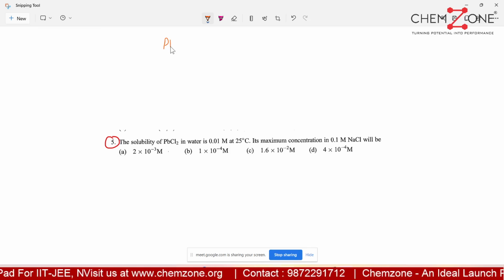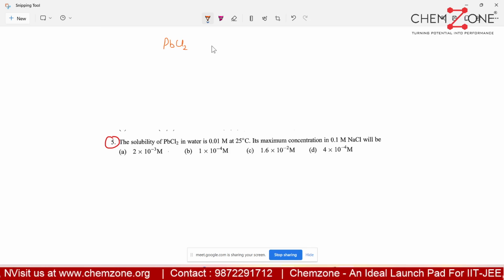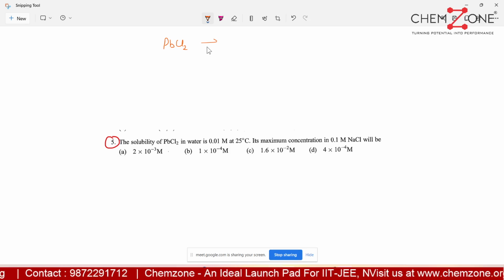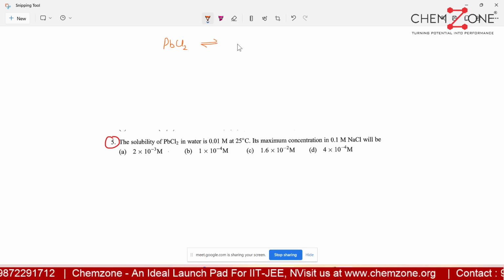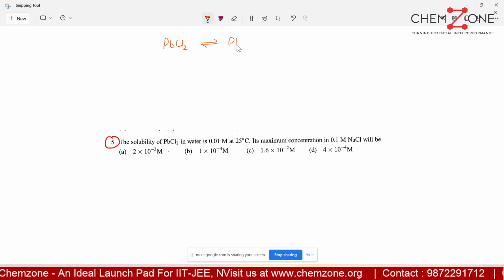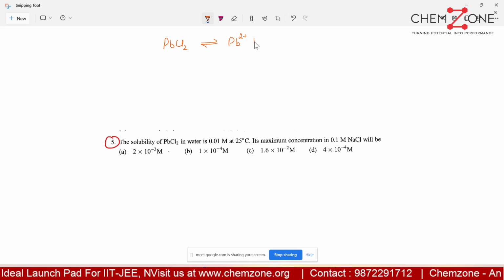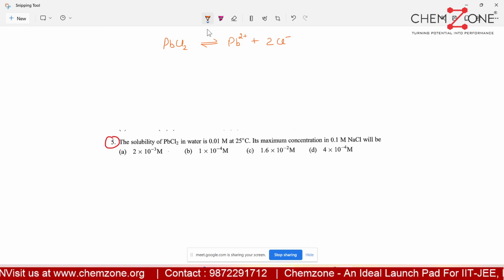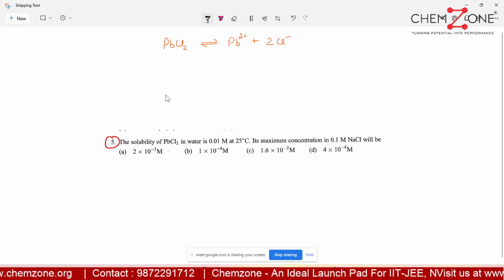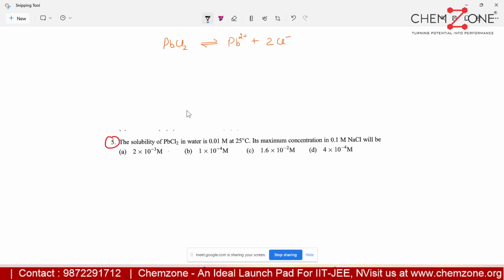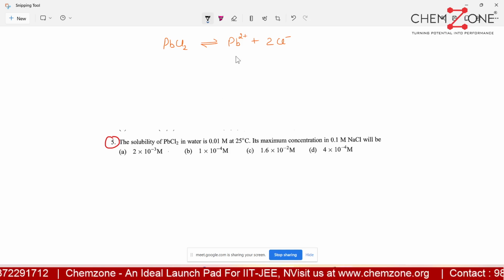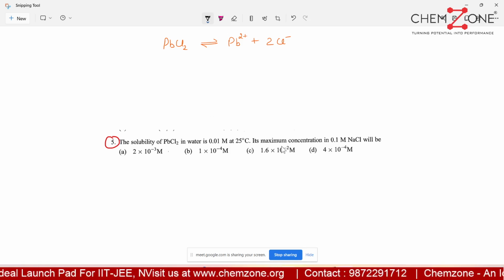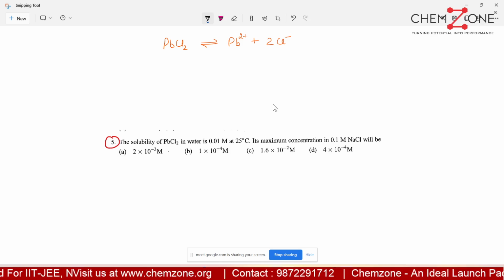See, PbCl2 gives Pb2 positive plus 2Cl negative ions. The solubility of PbCl2 in water is 0.01, and the concentration of NaCl will be 0.1 molar.